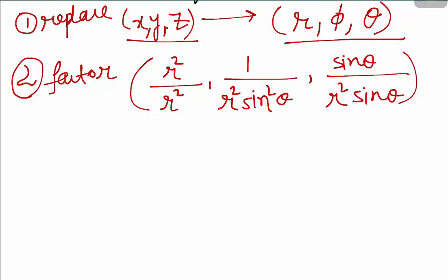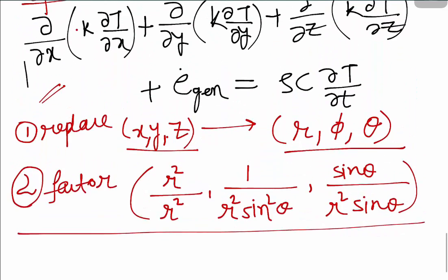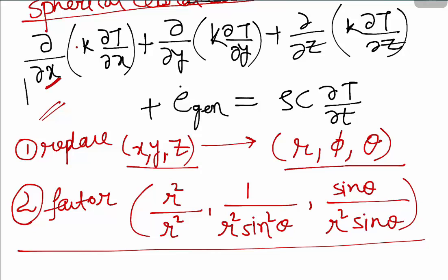So now we will write down differential heat conduction equation in spherical coordinates. Remember, replace x with r, we will replace y by phi and replace z by theta.